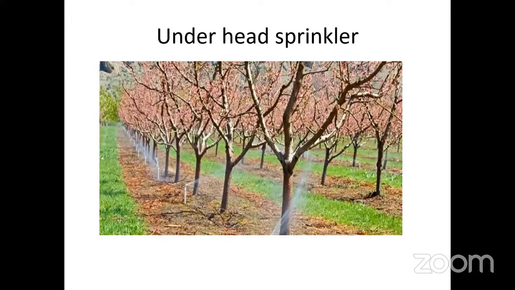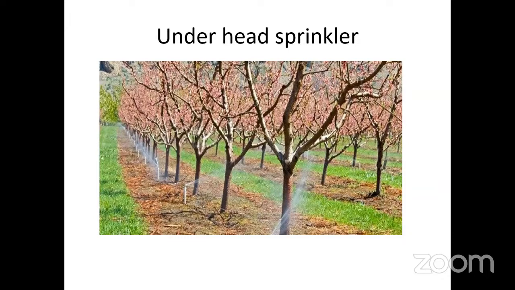Then we go to the underhead sprinkler, and in this photo it is not, of course, avocado, but you can see that underhead sprinkler means the sprinkler is not too high, and it can work with a diameter of about 1 meter or more.